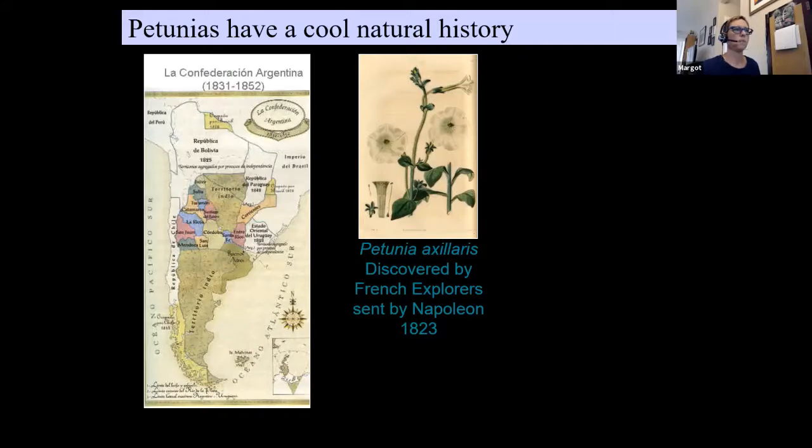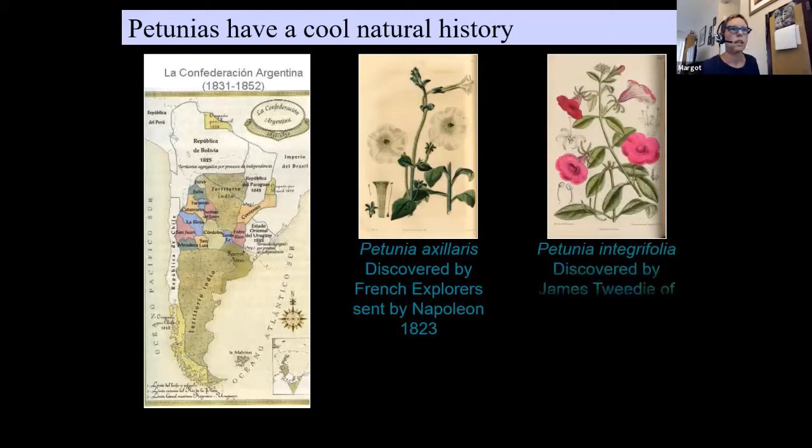We've done some other hybridizations in between, but in the early to mid 1800s, the two parental species were discovered during the days when they sent out big parties of people to go out and survey and collect all the different plants and learn about them. So one group sent out by Napoleon found this plant, Petunia axillaris. It's a white flowering petunia. The other parent is Petunia integrifolia, found a few years later by another group out of Scotland. And these were both brought back to Europe in the 1800s. And in nature, they don't cross.